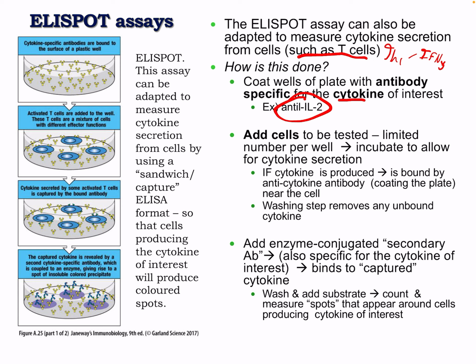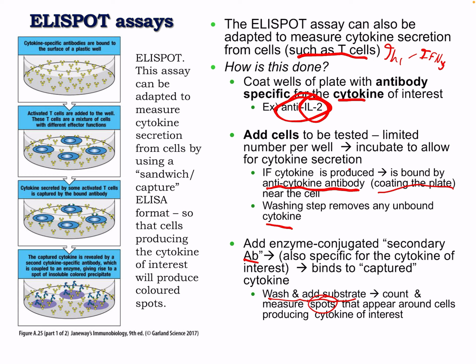Then we incubate them to allow for cytokine secretion. If the cytokine is produced, it is bound by anti-cytokine antibody, so the anti-IL-2, and these coat the plate near the cell. The washing step removes any unbound cytokine. We add enzyme conjugated secondary antibody, also specific for the cytokine of interest, which binds to the captured cytokine. Again, we wash and add the substrate, and count and measure the spots around the cells producing the cytokine of interest.